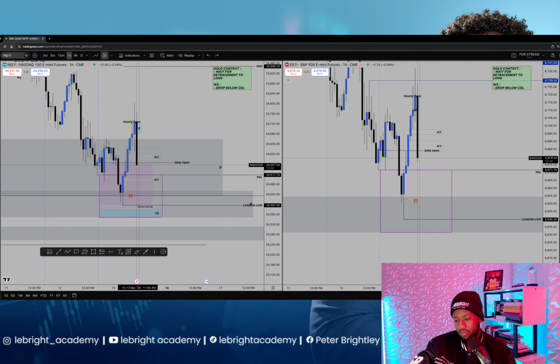I don't know if we're gonna have the confirmation too long. Yeah, so if the market created the upside target, that could have been a nice thing, but we don't have it yet.